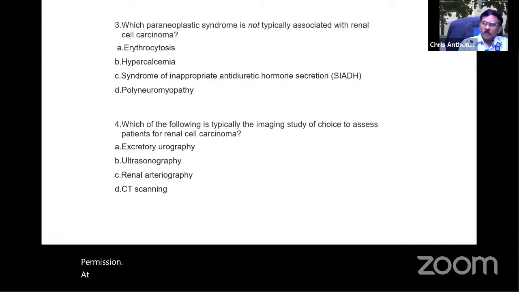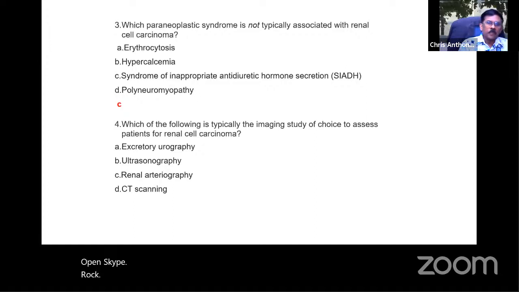Erythrocytosis, I told you that it can secrete paraneoplastic erythropoietin, which increases the hemoglobin. Hypercalcemia because of parathyroid hormone. And this syndrome of SIADH, I think, is right. Okay, C is the least of them. Among these factors, this is the least typically associated.